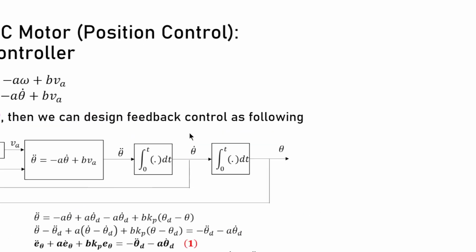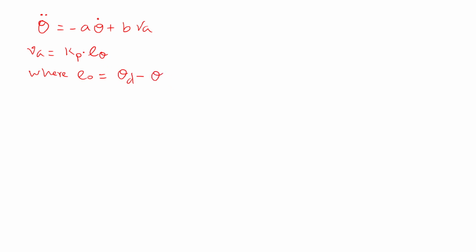Okay, let's start with the new one. First you have the equation of motion with the voltage VA, and then you design a controller VA equal to a proportional constant Kp times the error e theta, where e theta is equal to theta d minus theta actual.